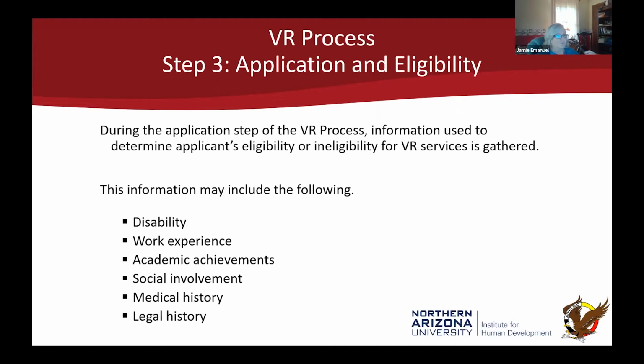Whenever we're processing any documentation that's brought in to the intake meeting, this information is going to include some of the following: the disability type, any work experience that the consumer may have, any academic achievements, education levels, any education history, social involvement, medical history, and legal history.